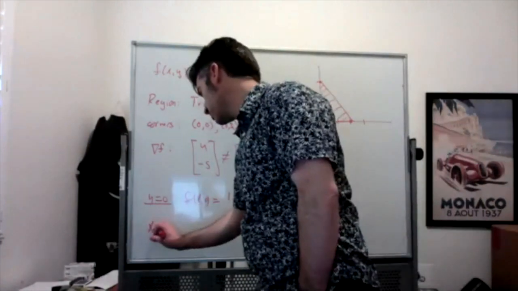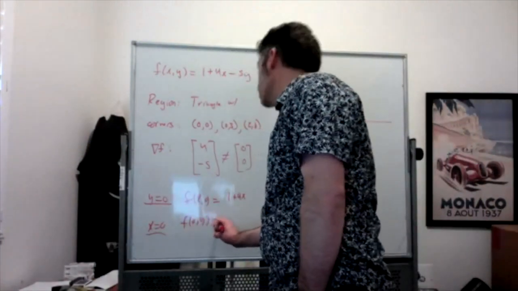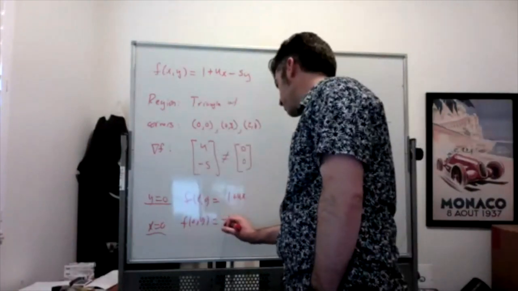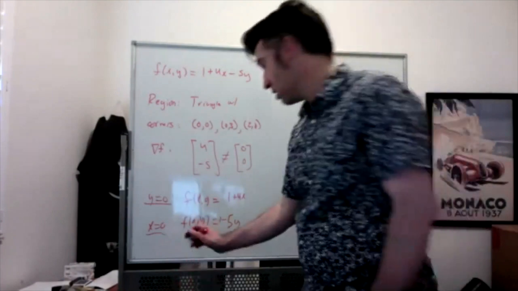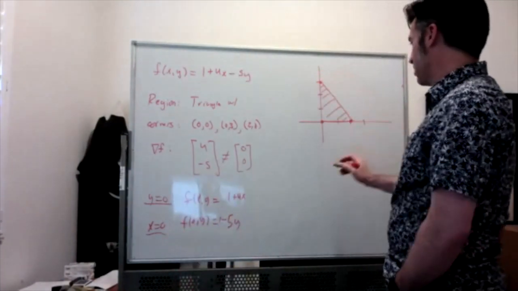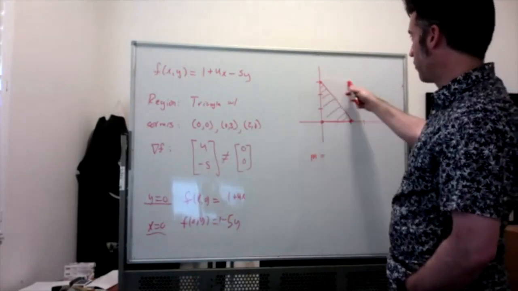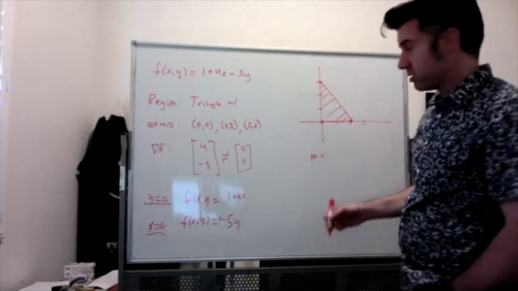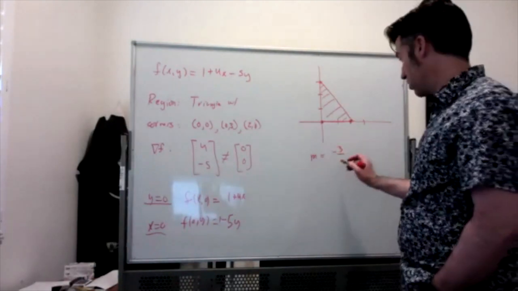Along x equal to 0, we have f of 0, y equal to 1 minus 5y, which again doesn't have any critical points. And finally, along this line, which we need to find the equation of, okay, this line, the slope is, I go over 2 and down 3. So the rise is negative 3. The run is over 2.